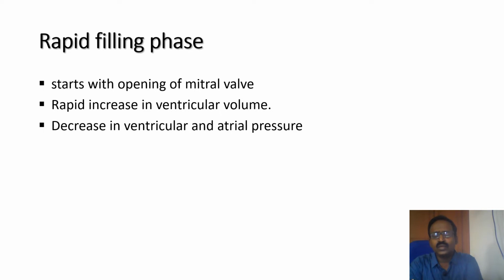Decrease in the ventricular and atrial pressure during the rapid filling phase is due to the relaxation of the ventricle, and atrial pressure is always just more than the ventricular pressure. During the flow of the blood from the atrium to ventricle, it produces an inrush flow that produces the third heart sound in the phonocardiogram. These are the events occurring during the rapid filling phase of the ventricular diastole.